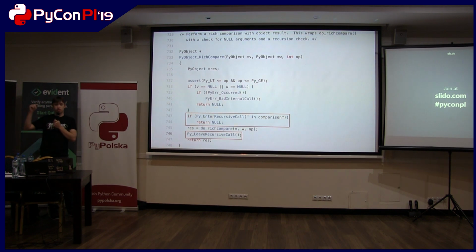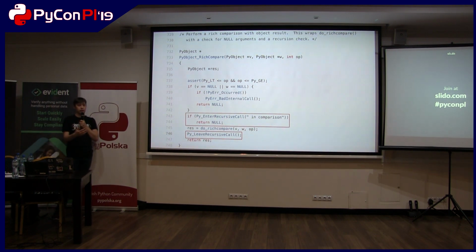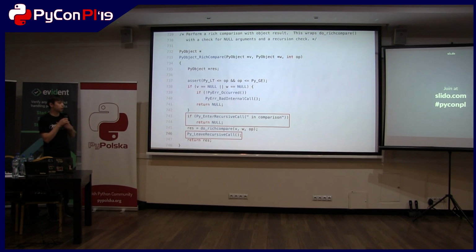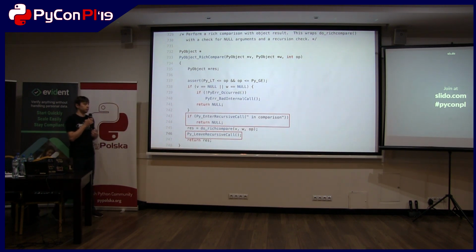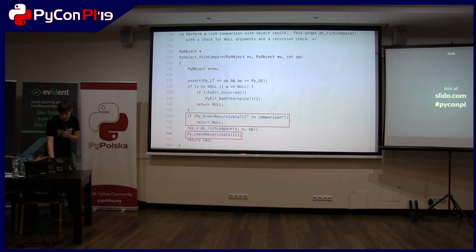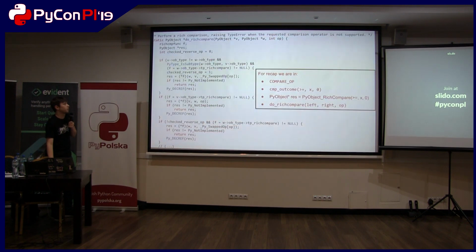Whenever you are calling the same function a lot of times, there is an internal recursion limit in Python. So I believe that it might be this, but I'm not sure. Or maybe the do reach compare can somehow call PyObject reach compare and bail out in some cases. I don't know. Anyway, the do reach compare function is called finally.